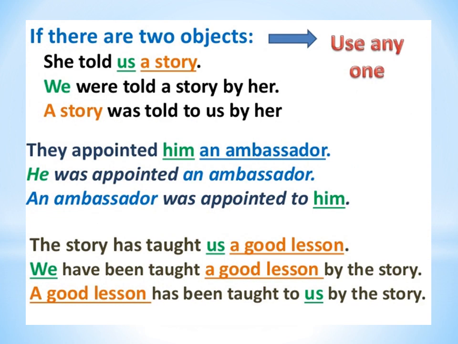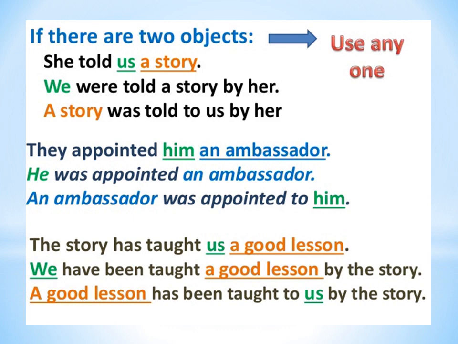There is a very important note here. Sometimes we have more than one object. If there are two objects in the sentence, you can use any one of them, the first one or the second one, just like the following example. She told us a story. She is the subject of the sentence, told the verb, us the first object, and a story the second one.